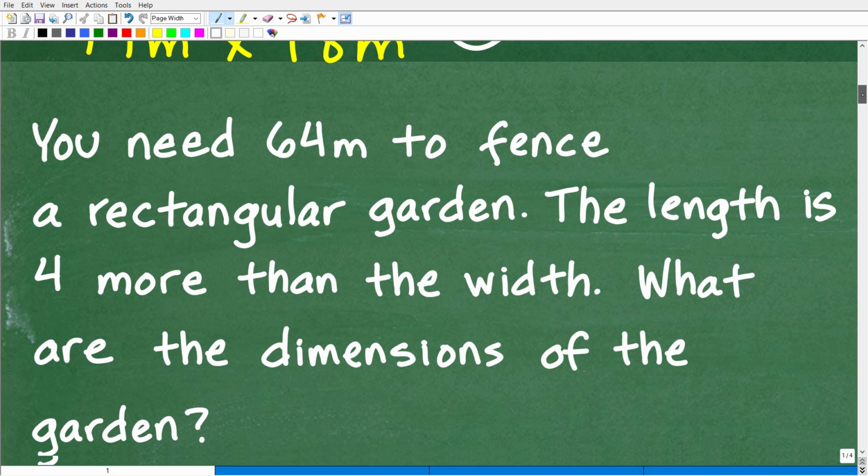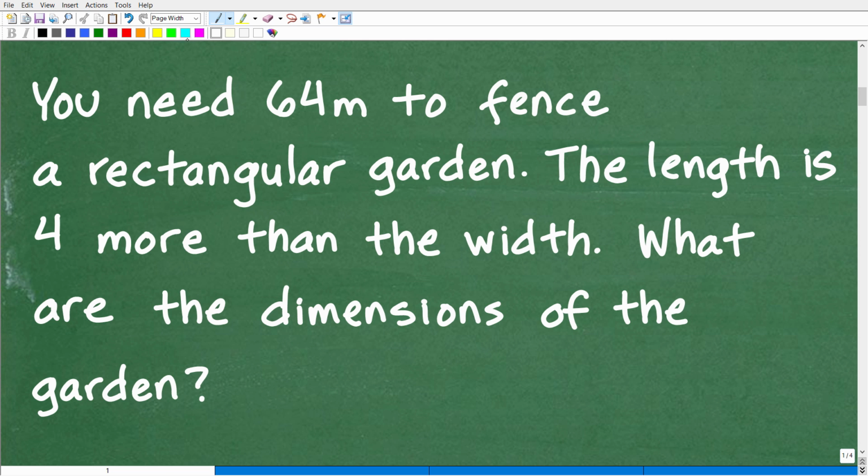All right, so first things first. First, we have a math word problem. Now, of course, I could have said this is an algebra word problem, but whether it's an algebra word problem, geometry word problem, trigonometry, calculus, or just basic math, it's a math word problem. Now, a word problem is nothing more than an application of mathematics.